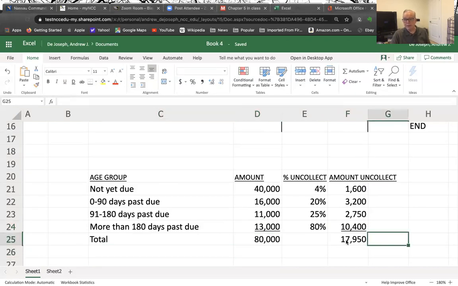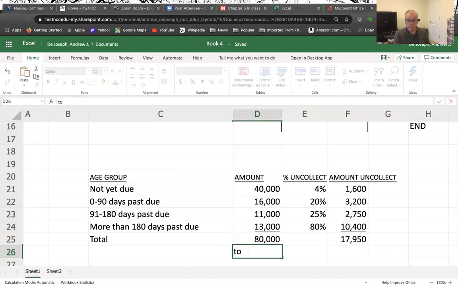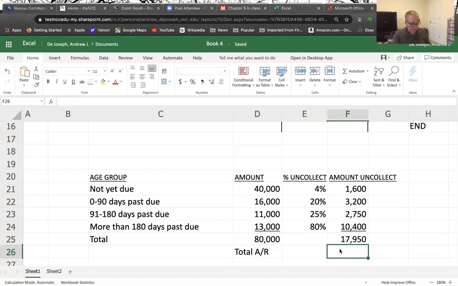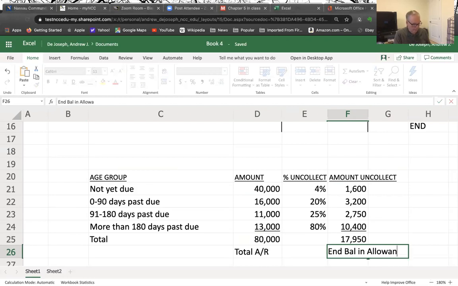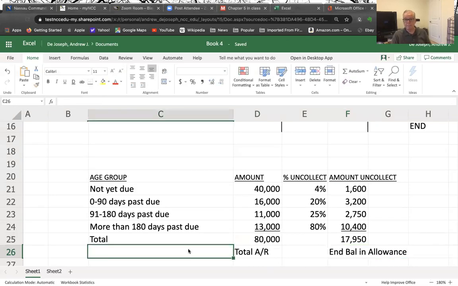This 17,950. Well, this represents total accounts receivable, right? This is total AR, right? And this represents ending balance in allowance account, right? This is the ending balance in the allowance account.